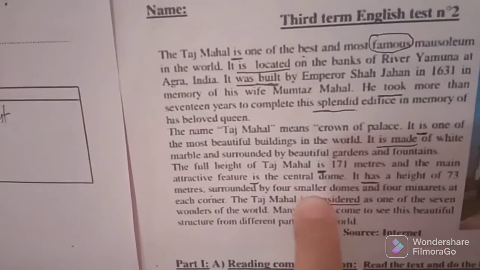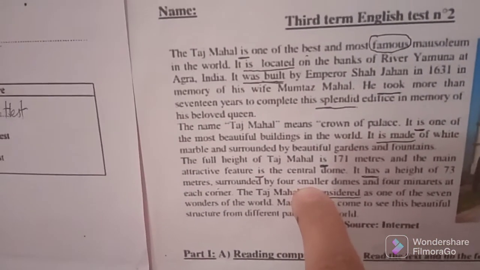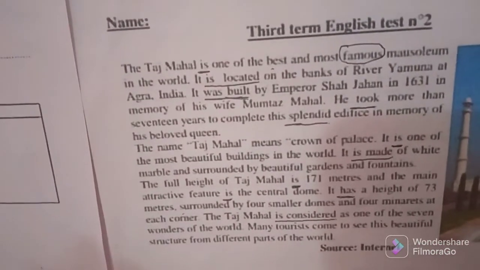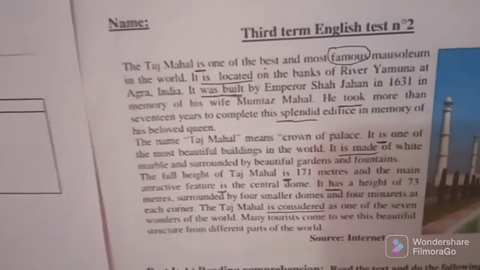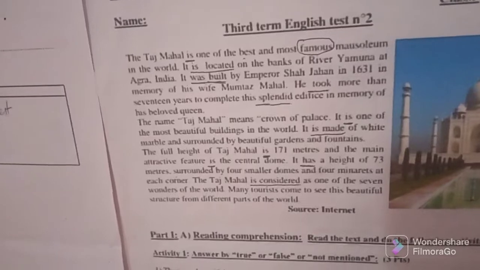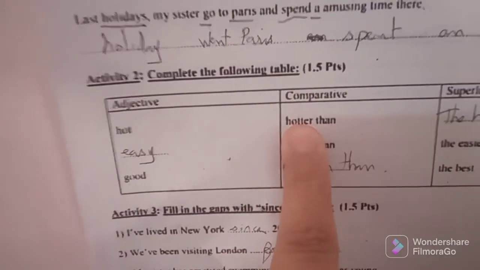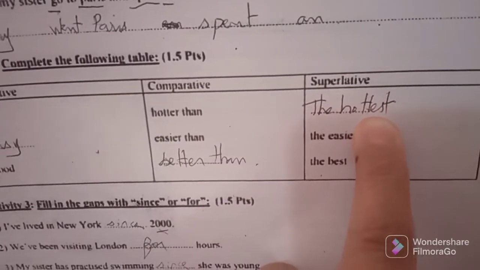We have here smaller. So these are different types of comparison. We have superlative and comparative, because there is a relation between the text and the activity. So we have here hotter than, it will be the hottest.